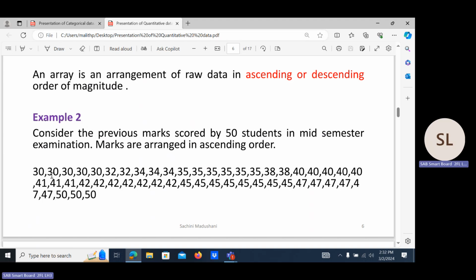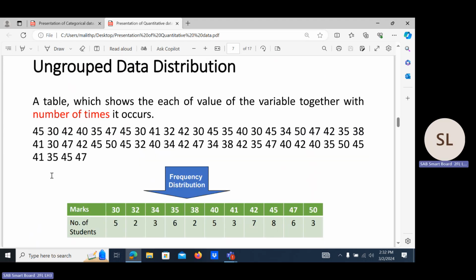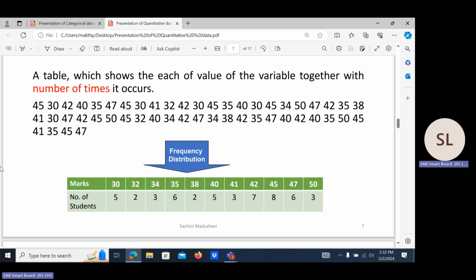So the raw data set means there is no systematic arrangement. Then for the ungrouped data distribution, we summarize the array. The array is in ascending order, and we summarize it by identifying the repeated values. We represent each value of the variable together with the number of times it occurs.